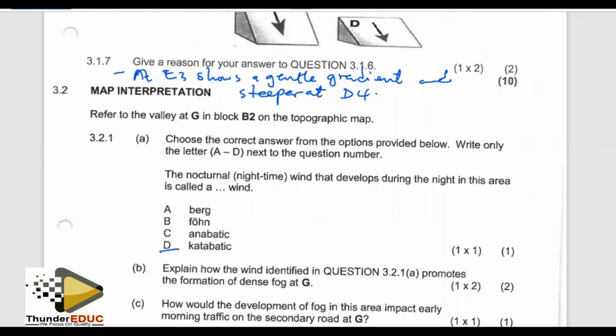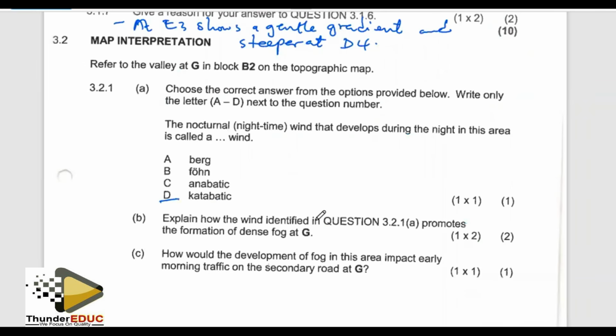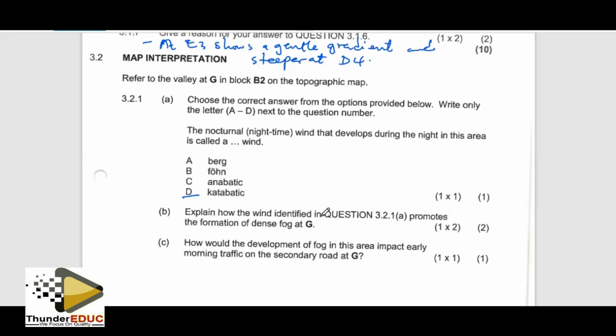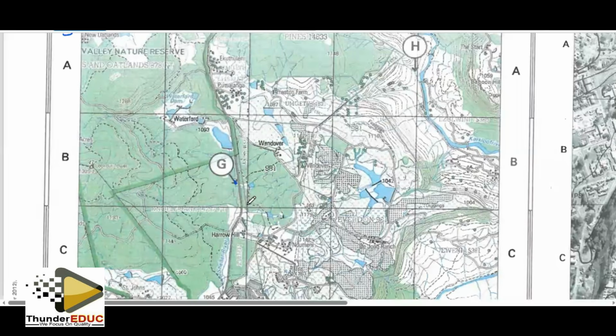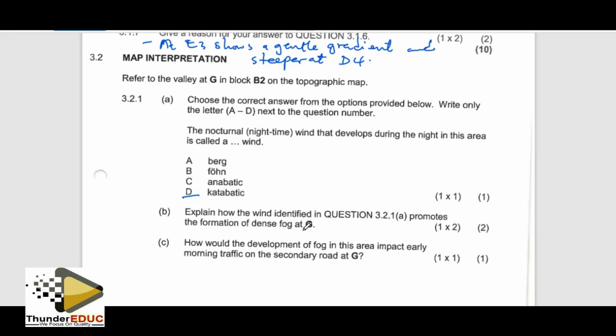Then question C: how does the development of fog in this area impact early morning traffic on the secondary road? Consider this is our secondary road here. And they're saying that fog is already developed, there's a lot of fog in this area. So how will it impact the early morning traffic?